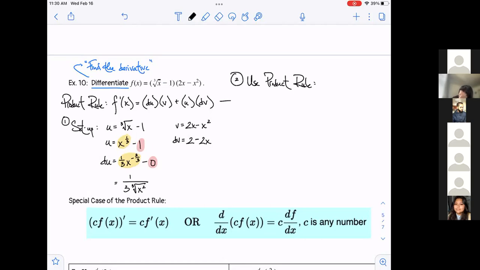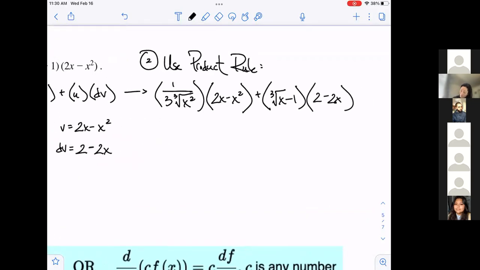And so we're going to get du, which is 1/3, the cube root of x squared, times v, which is 2x minus x squared, plus u, which is the cube root of x minus 1, times dv, which is 2 minus 2x. So this is our du, our v, our u, and our dv.